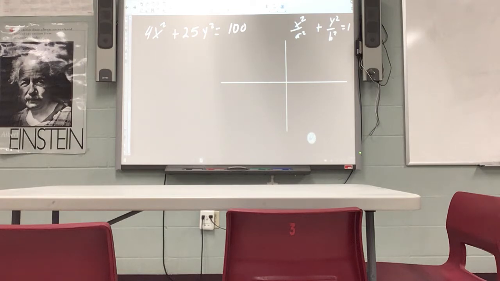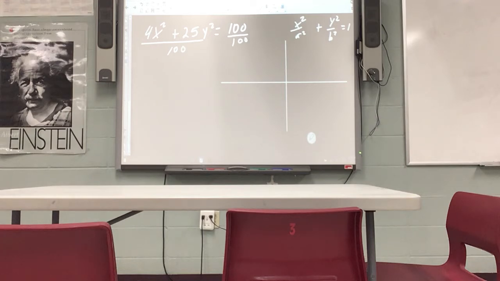So what can we do to make this be a 1 instead of a 100? Subtract 99. Yeah, you could do that, but that would be a pain. Just divide by 100, right? And when we divide one thing by 100, we got to divide everything by 100.